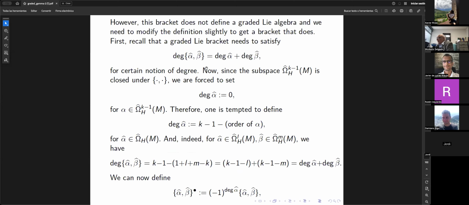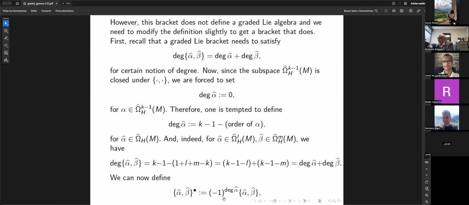And to have a graded algebra, we need to change, because we need something like that. And so to have these things, we need to change the definition of degree. So the degree of this alpha hat is not the degree of alpha, it is K minus 1 minus the order of alpha. This is a technical thing. But with this technical thing, we immediately obtain that the degree of the bracket of the classes of alpha and beta is just the sum of the degrees. So, and this is okay.